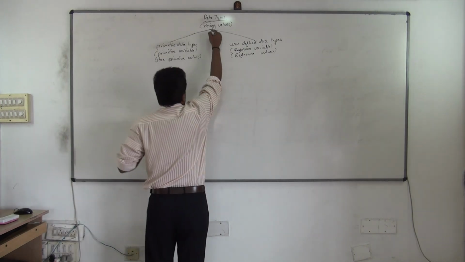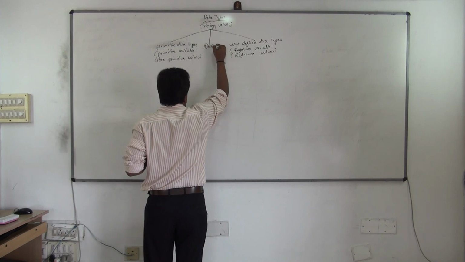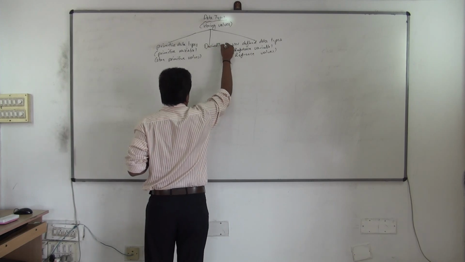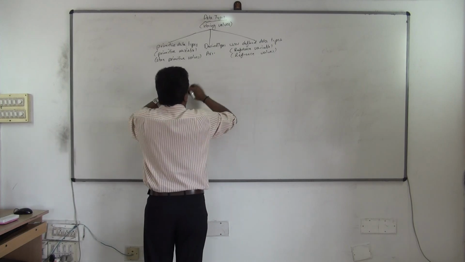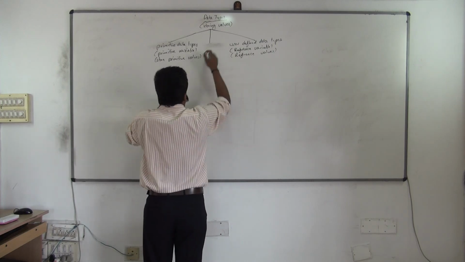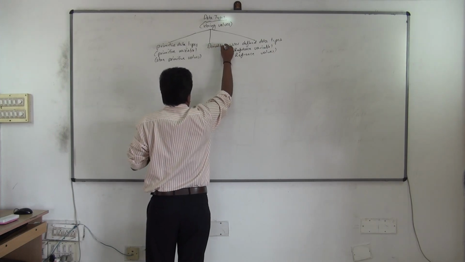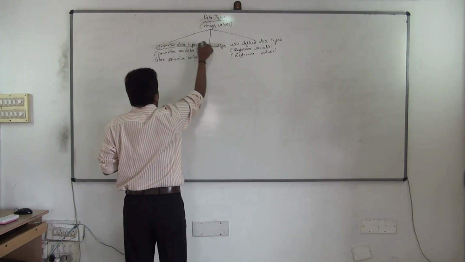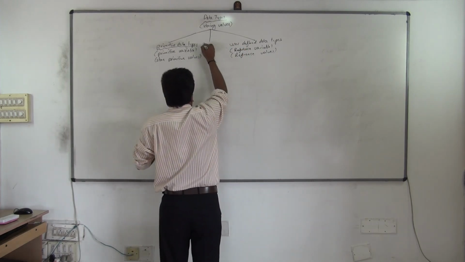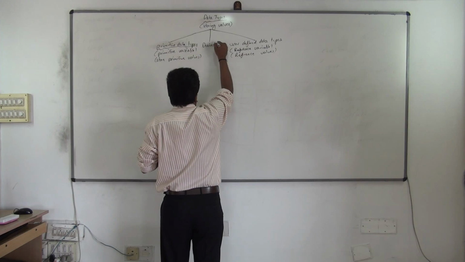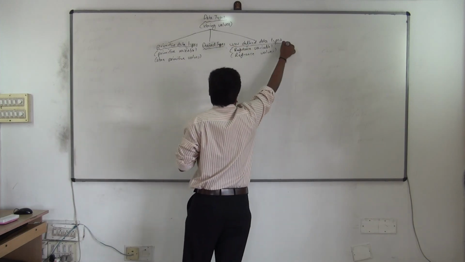One more is there actually. Derived types, and these are called as derived types. So there are three totally. One is primitive data types, second one is derived types, third one is user defined.